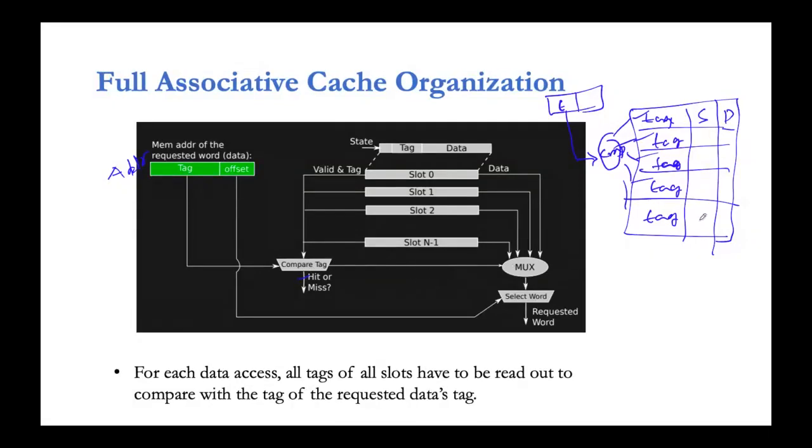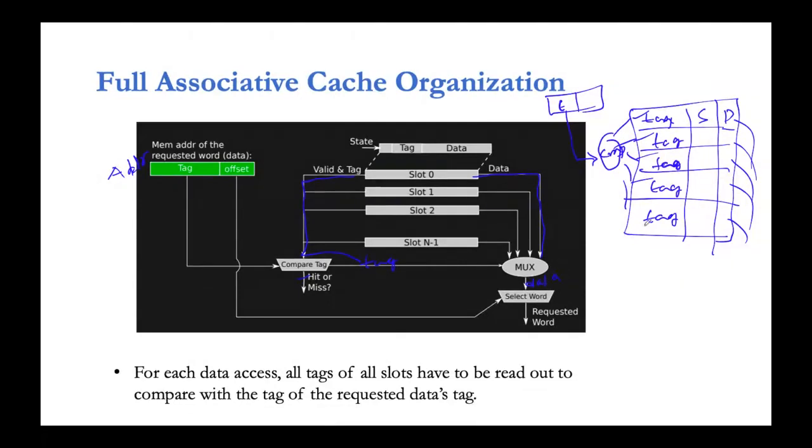When there is a hit, on one side the comparison is done, and on the other side all the data is taken from the frames and given as input to the multiplexer. Upon the tag matching, the data from that tag is selected, and the multiplexer gives this data as output.